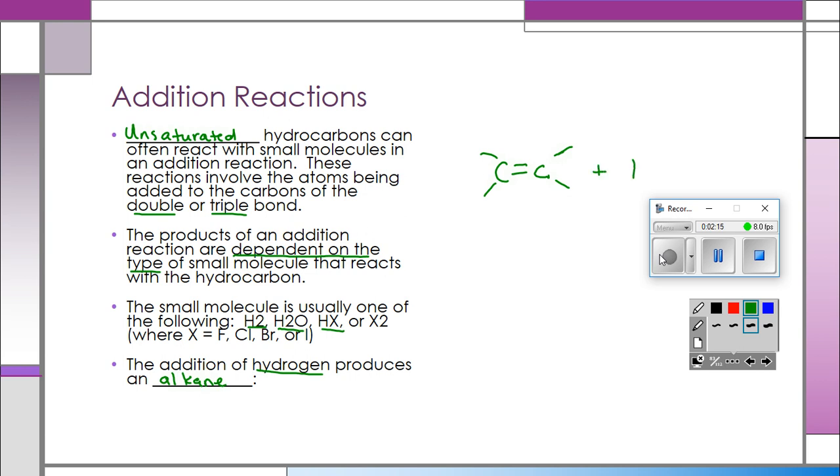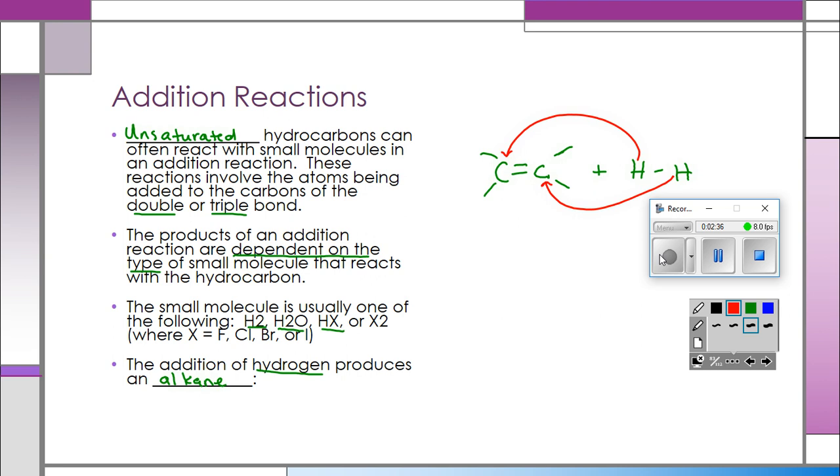We're going to add hydrogen. Now I'm specifically drawing both hydrogen atoms out so that I can show you where they go. One of the hydrogen atoms will attach to one of the carbons that's part of the double bond, the other hydrogen to the other one.